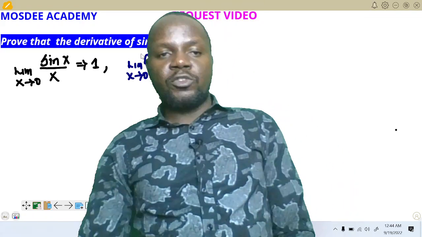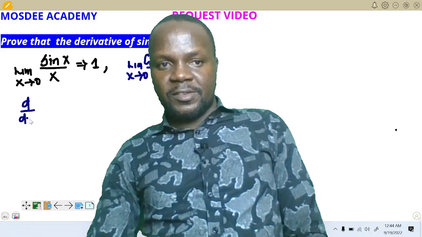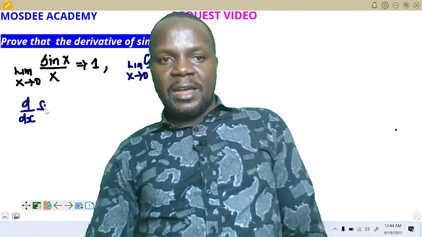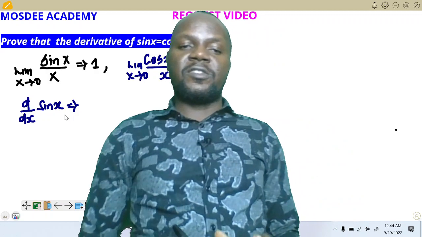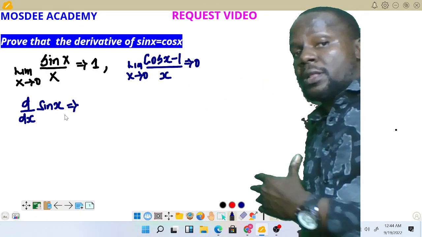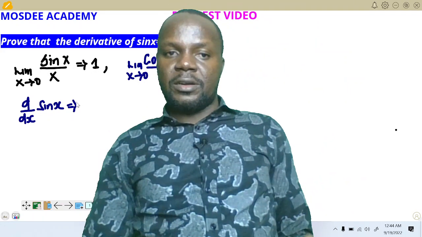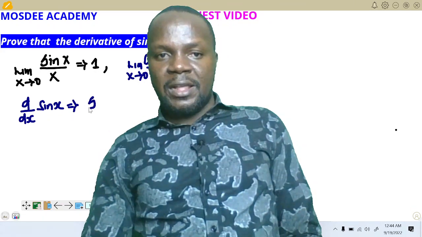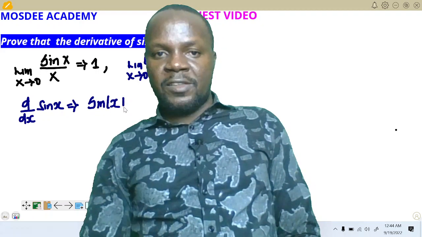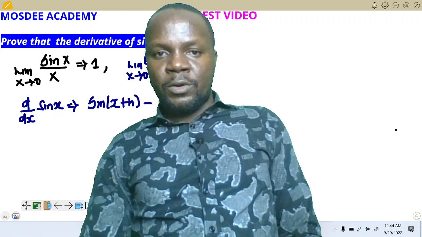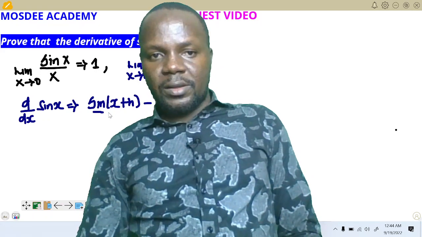What is required is to prove that d by dx of sin x is the same thing as, applying the first principle, the limit as h approaches 0 of sin(x plus h) minus the initial function itself, sin x, all over h.